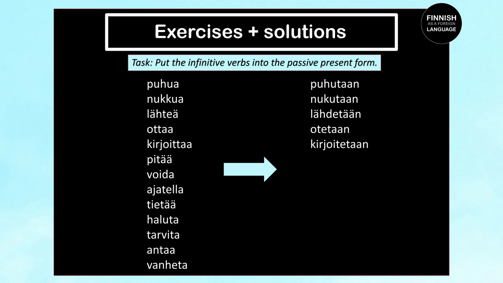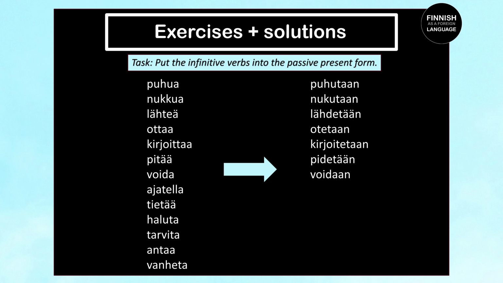Next one, pitää. This one has many meanings. It can mean to hold, to keep, or to like. The passive present is... nice. It's pidetään. Next one is voida, which means can. The passive present is, here's a little hint, it's verb type 2. That's right, it's voidaan.